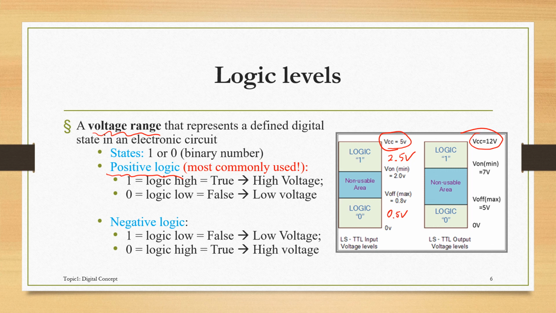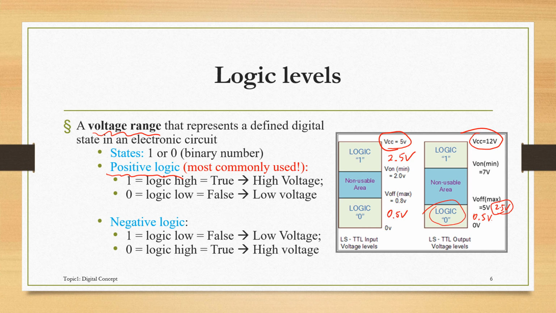However, in the system on the right, because it has a 12 volt power supply, things are different. Say we still apply the same voltages. If we apply 0.5 volt here, it will be recognized as 0 too, so no difference. But if we apply 2.5 volts, because logic 0 for the second system is defined as voltage between 0 and 5 volts, 2.5 volts will still be recognized as logic 0.